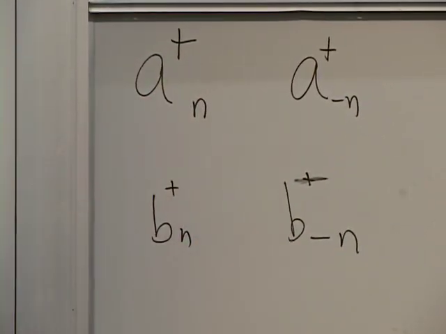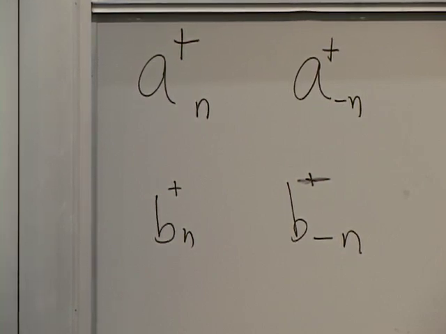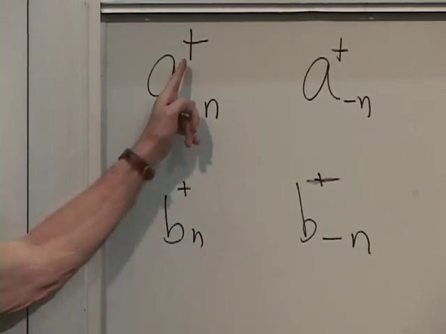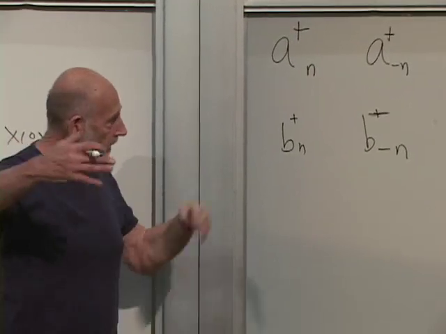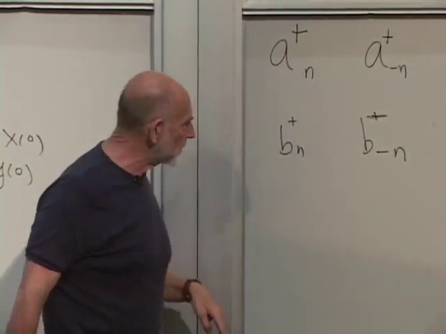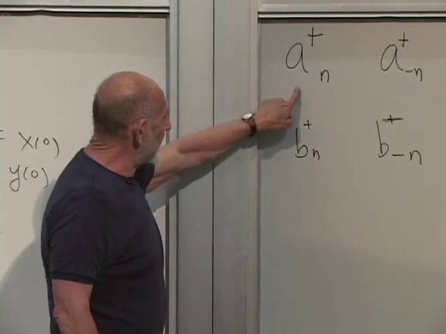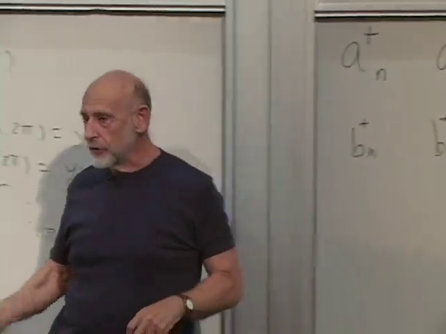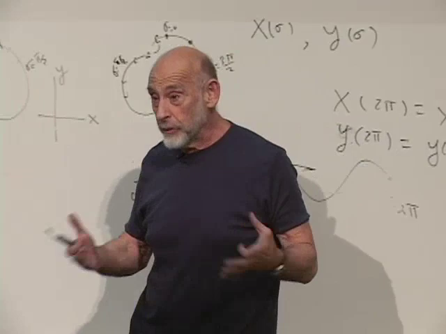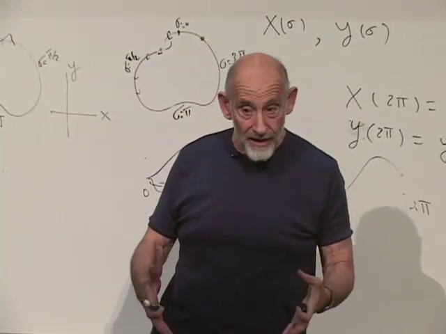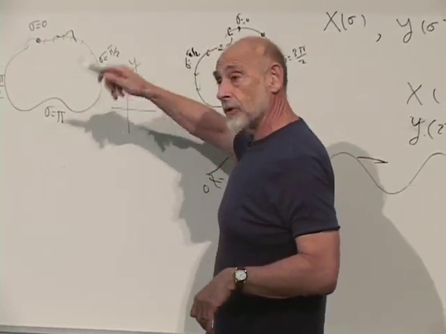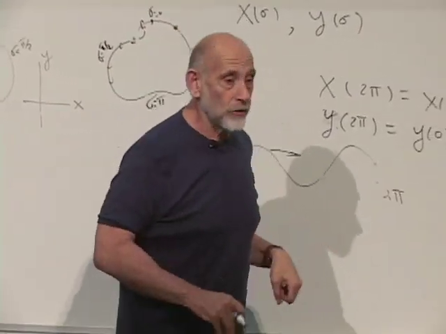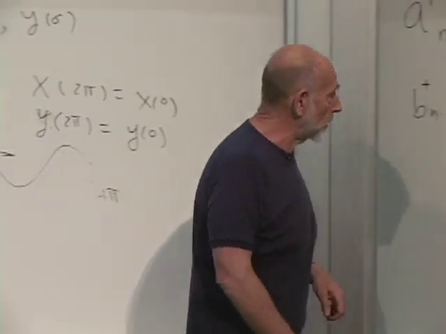I'm not going to let us get confused by too many pluses and minus signs. A and B represent x and y. Plus, that's just the creation operator. You can keep in mind that there's also minus, but we won't be using it anyway. And n and minus n have to do, well, first of all, n has to do with frequency. The frequency is just n, but plus n and minus n have to do with waves moving in this direction or in that direction. That's the structure of closed string theory. That's the whole structure of it.